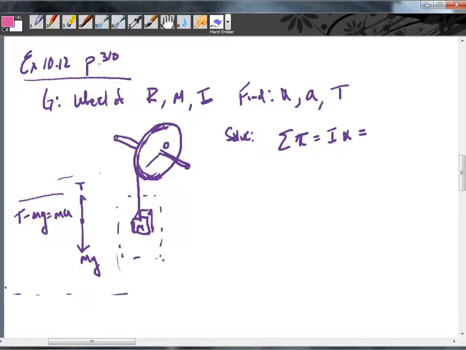This is our R, and this perpendicular down is our tension. So the torque acting on the wheel is our tension down acting at this radius, which equals TR.